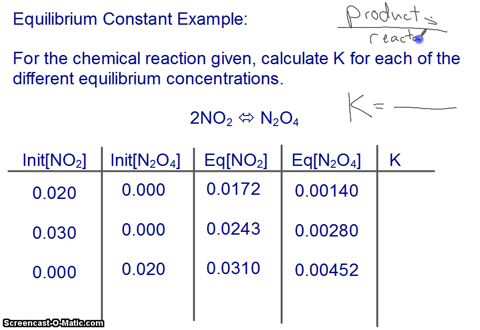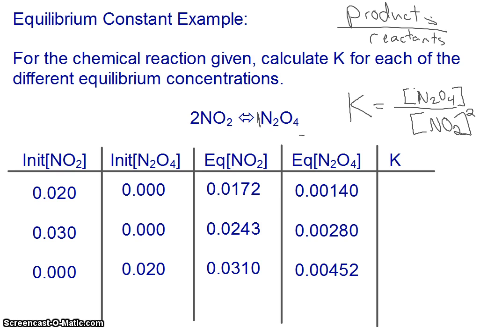Even though we're talking about reactions going both ways, the convention is to call what's on the right side the product. So for products, I look at the concentration of N2O4, to the first power because there's only one N2O4 in my reaction, over the reactants, NO2, squared because there are 2 NO2s participating in the reaction. This is always going to equal a constant number.